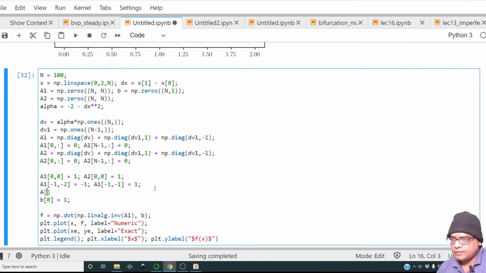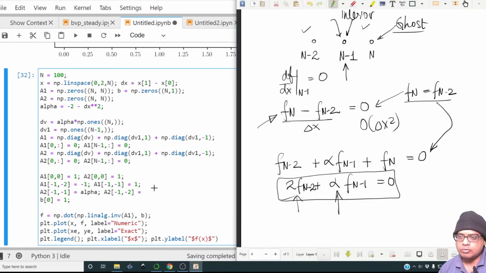So I will have a2 minus 1 comma minus 1 equal to alpha, and a2 minus 1 comma minus 2, and that is going to be equal to 2. Okay, yeah, that's pretty much it.